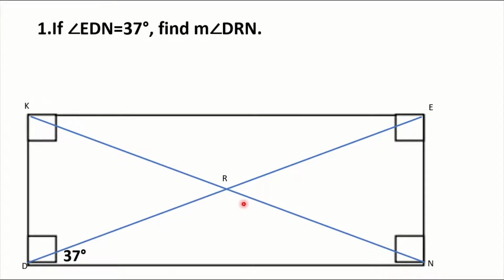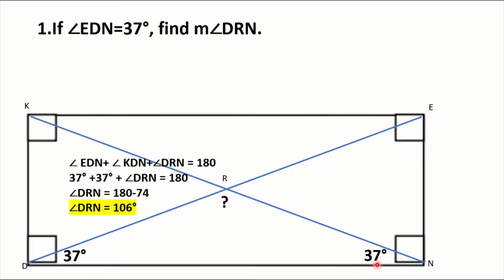DRN? So, ito yung hinahanap natin. Yung nasa gitnang angle. So, ano kaya yung measurement niya? Since they are congruent, itong diagonals natin, nahati niya yung angles ng unequal measurement. So, if your angle here is 37, the angle here is also 37 degrees.